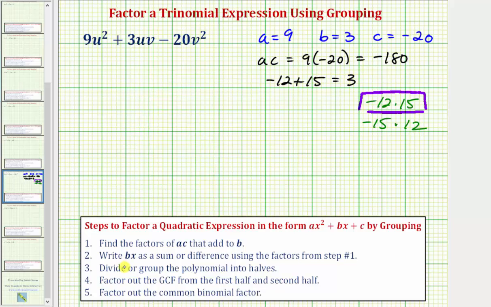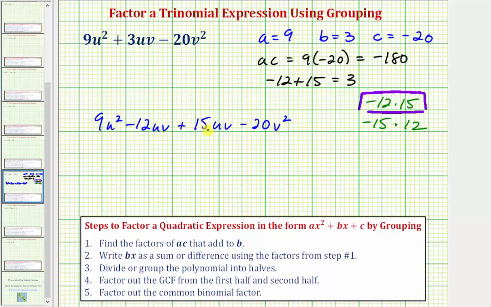Now, step 2 says write the bx term as a sum or difference using the factors from step 1, which means in our case we're going to write the term 3uv as a sum or difference using the factors of negative 12 and positive 15. So we're going to have 9u squared, and then we'll write 3uv as minus 12uv plus 15uv, and then we still have minus 20v squared.